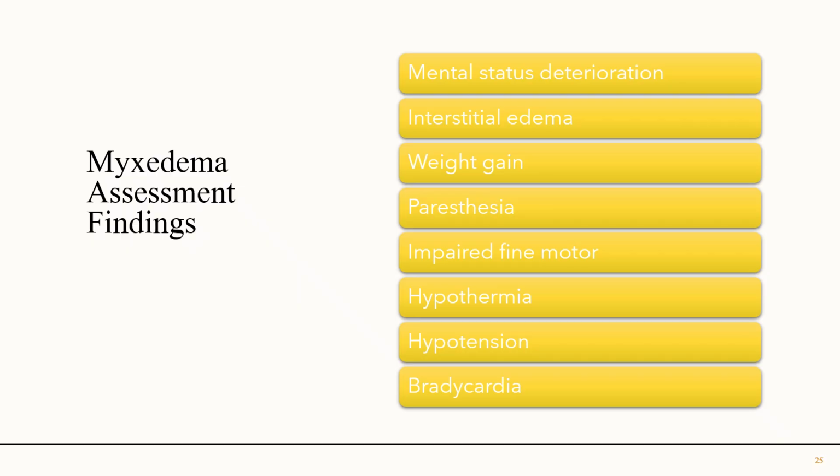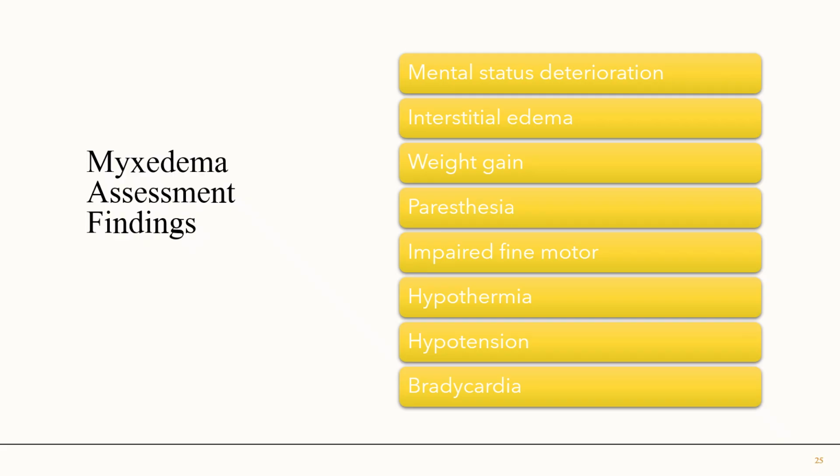Mental status continues to deteriorate as the disease advances, reflecting widespread metabolic suppression. Interstitial edema develops throughout the body as mucopolysaccharides accumulate within tissues and infiltrate organs and impair normal function.